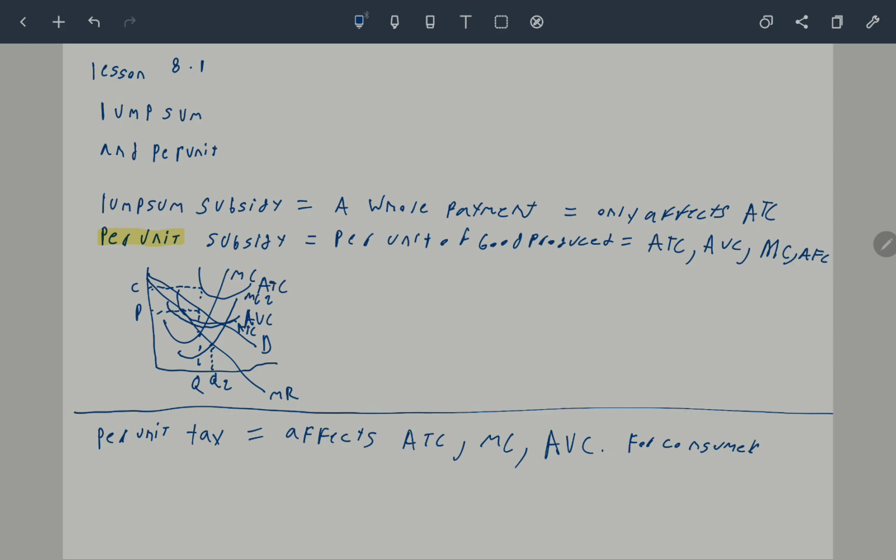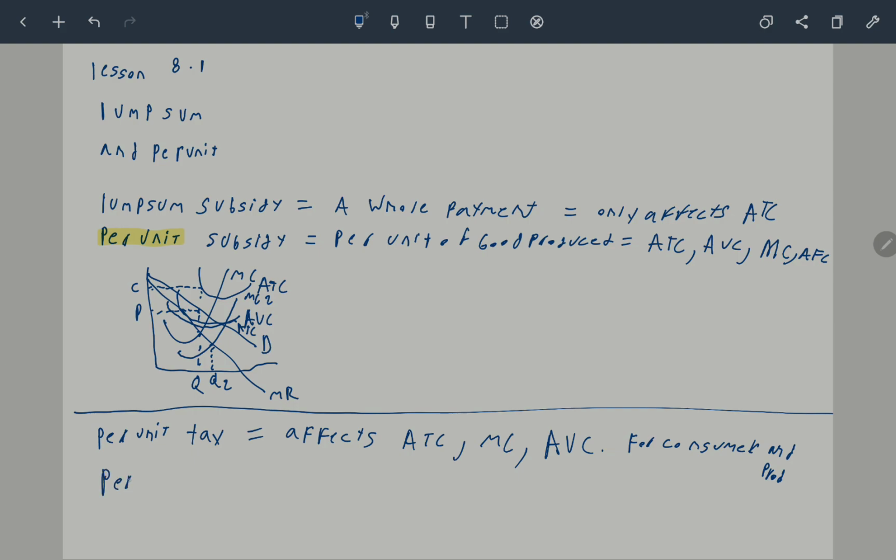They get taxed per unit because they're either consuming too much, or producers are producing too much, so you'd get taxed. It just raises ATC, MC, and AVC.